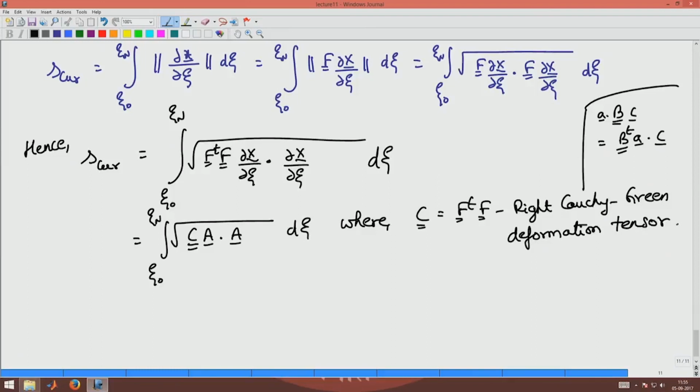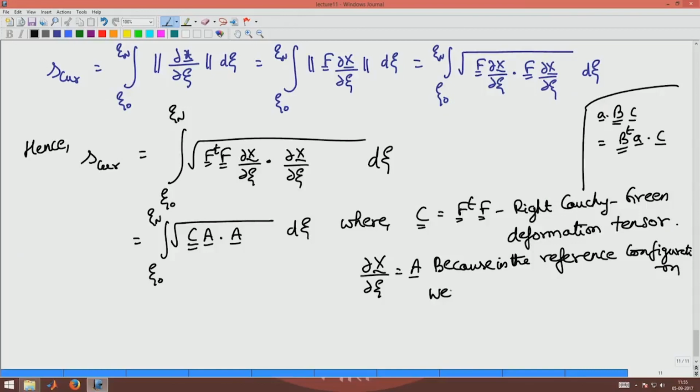And here I have replaced dou X by dou psi with A, because in the reference configuration we considered a straight line.